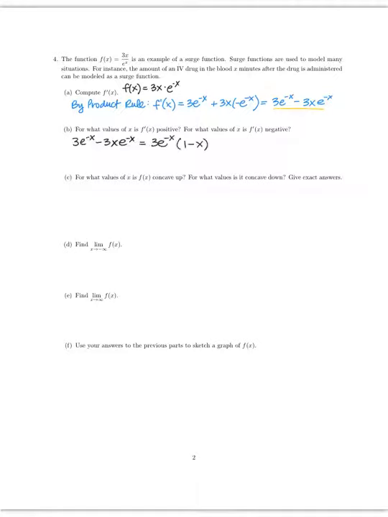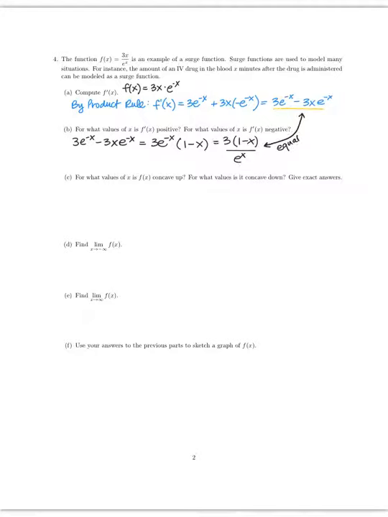So I've gone ahead and done that. Now it's even more useful, and you'll develop a better and better intuition for this type of algebra, to fully rewrite this as a fraction instead of expressing it as a product with e to the negative x. So this has now become 3 times 1 minus x all over e to the x.